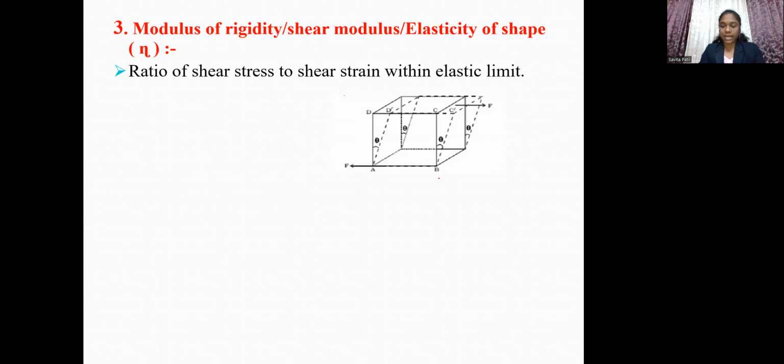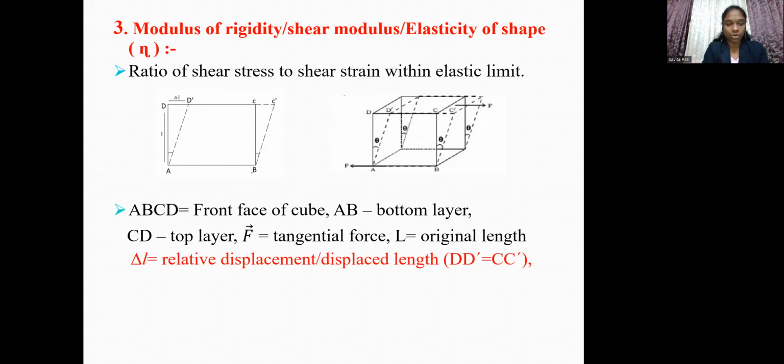And in another figure, we consider only the front face of the cube, which is A, B, C, D. In this figure, AB is the bottom layer, CD is the top layer, and capital L is the length of each side of the face of the cube, meaning it is the original length.